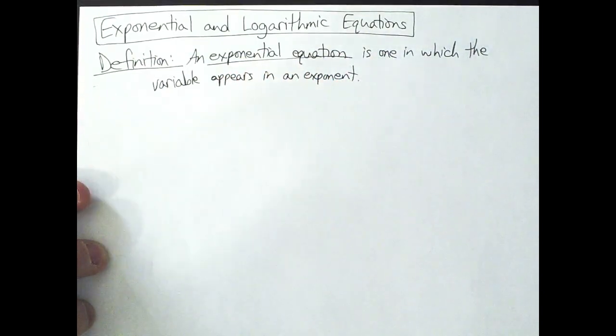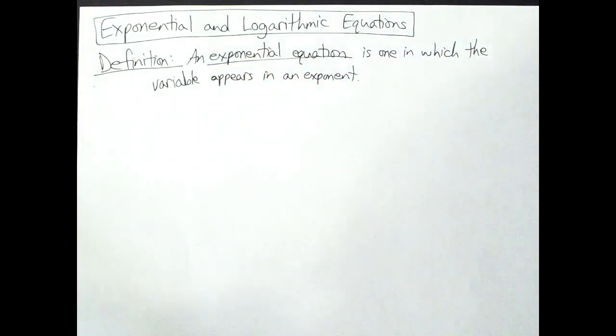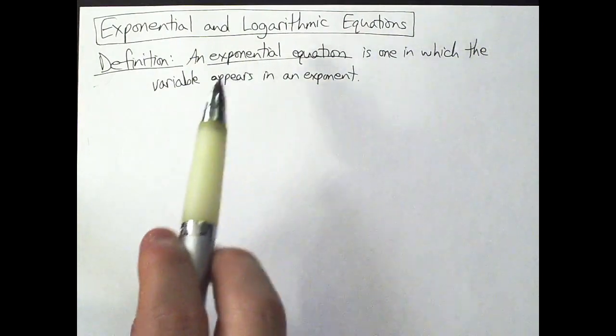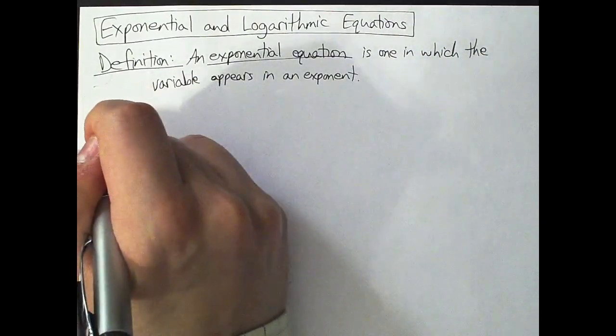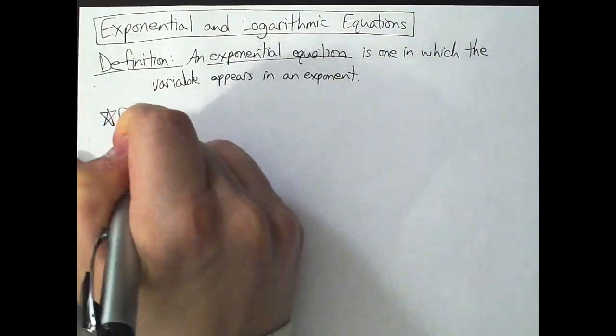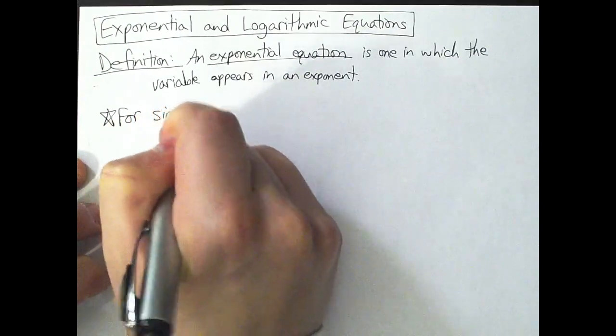All right, so it's not just any equation that involves exponents. It's particularly an equation with exponents where the variable appears in an exponent, and the variable is usually going to be called x. So we want to talk about how to solve these, and there's going to be a couple of strategies, but we're going to start with simple ones.